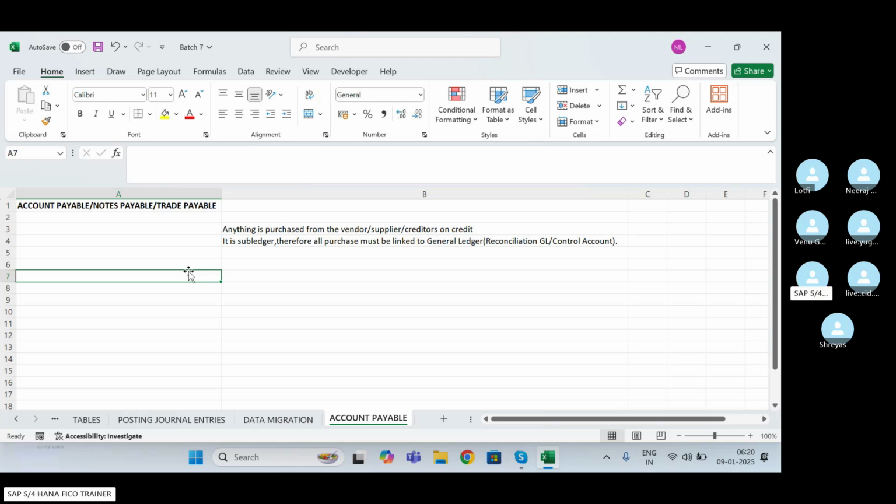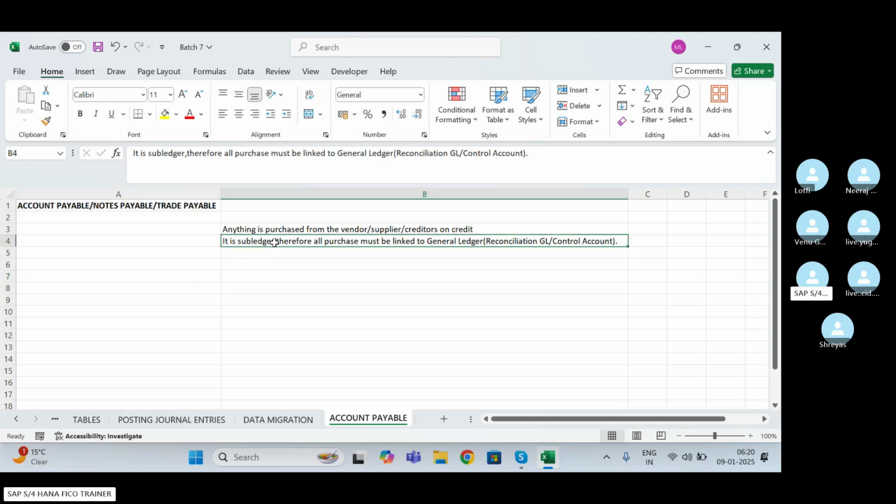So I can bifurcate the summarization of different kinds of vendors depending on the business need. So this is what is called subledger and reconciliation GL. Whenever a vendor comes, reconciliation GL will also come. In SAP terminology it is reconciliation GL, but some businesses say control account.